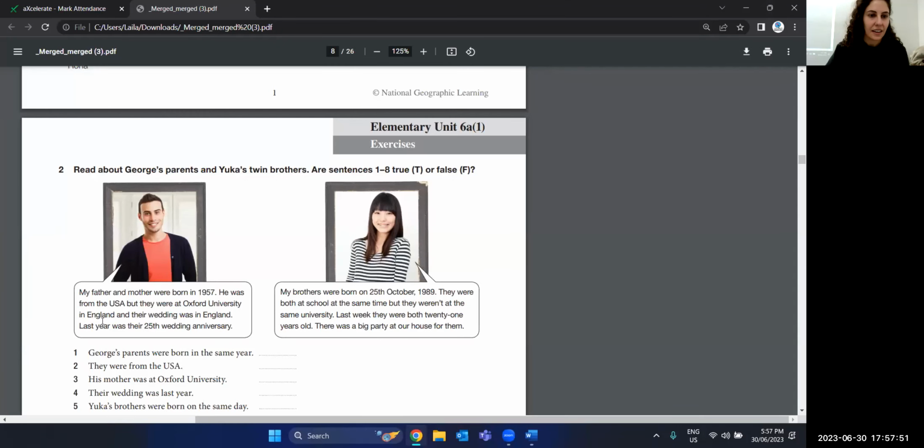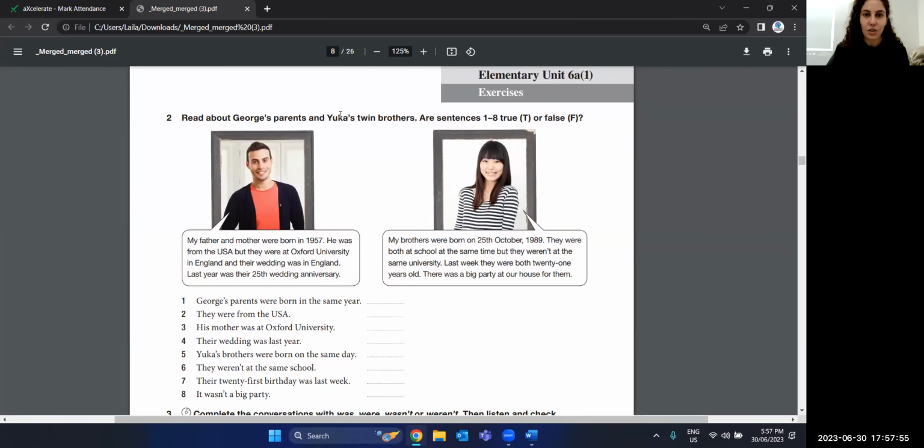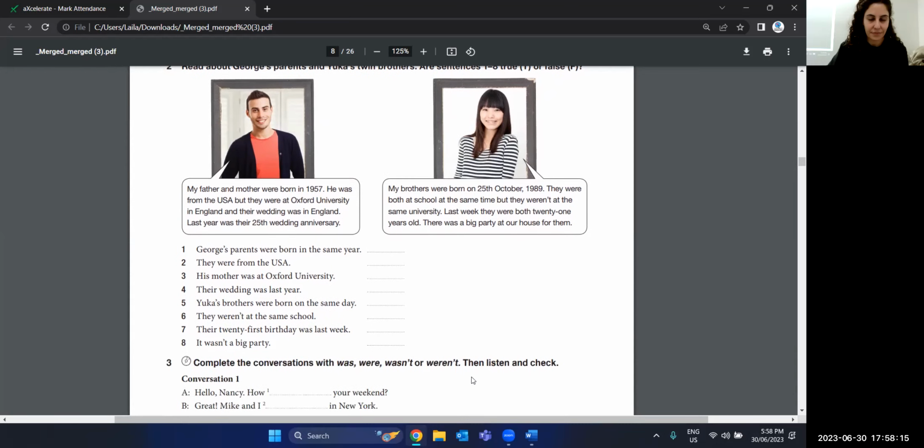Okay, let's read about George's parents and Yuka's twin brothers and see if the sentences are true or false. So this man can be Fernando and this woman can be Letizia. My father is 57.